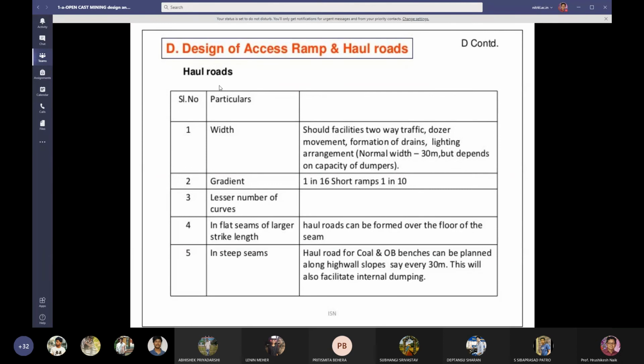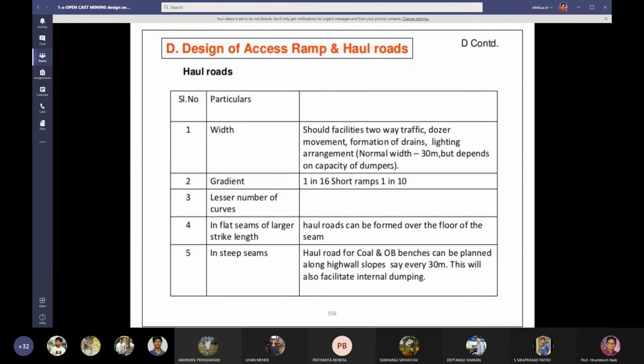So for the haul roads, what should be the width? The width of the haul road should facilitate two-way traffic, dozer movement, formation of drain, and lighting arrangement. Normal width should be 30 meters, but it depends on the capacity of the dumper. So what should be the width of the haul roads?